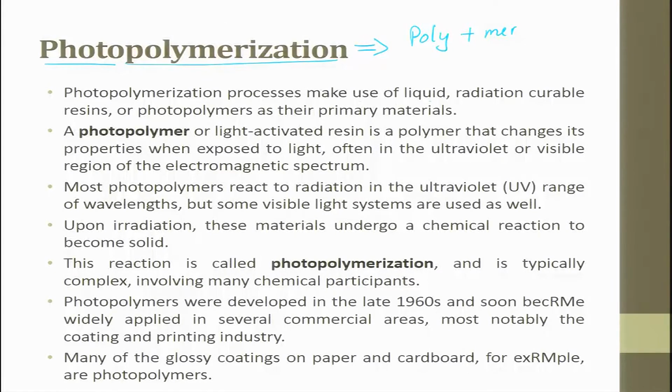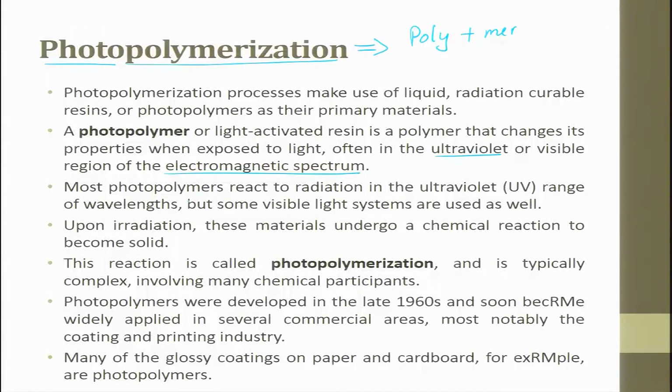Photopolymerization makes use of a liquid, radiation curable resin or a photopolymer as the primary material. A photopolymer, or light activated resin, is a polymer that changes its properties when exposed to light, often in the UV or visible region of the electromagnetic spectrum.